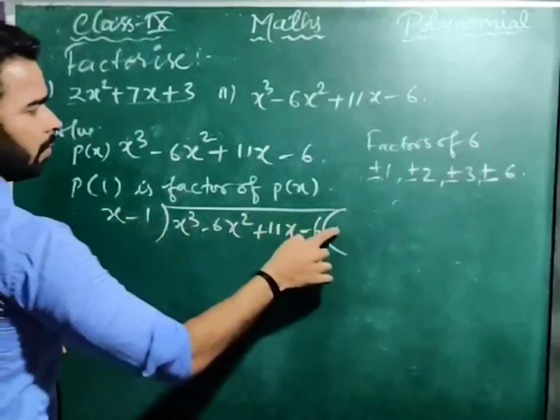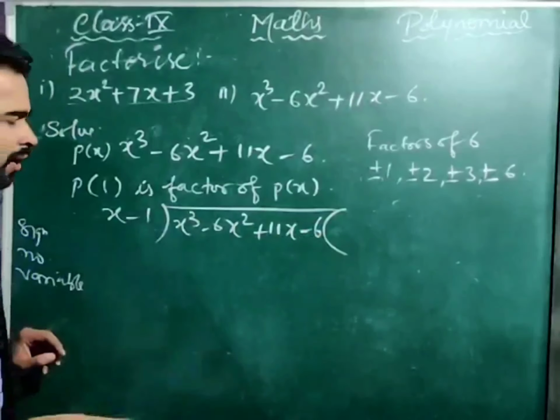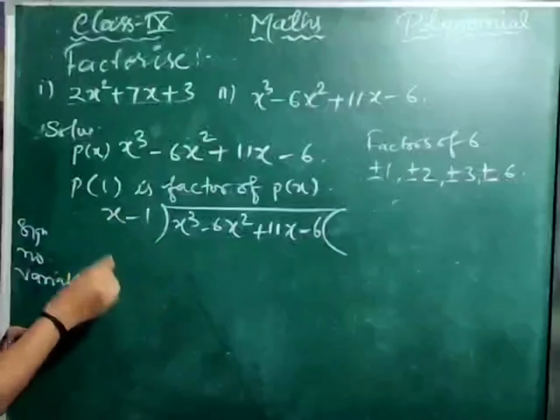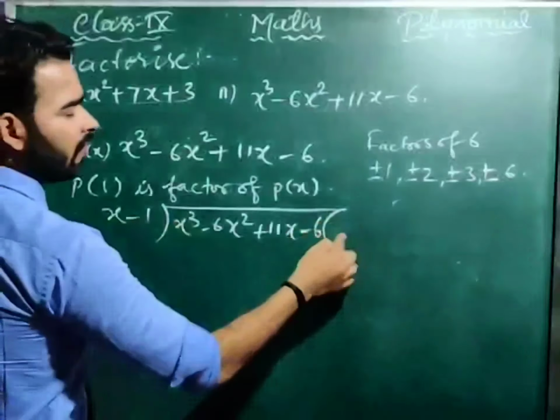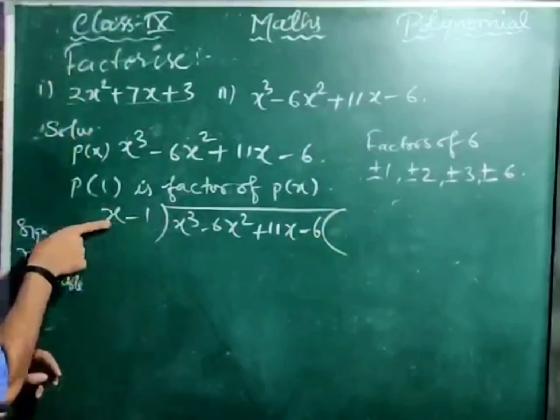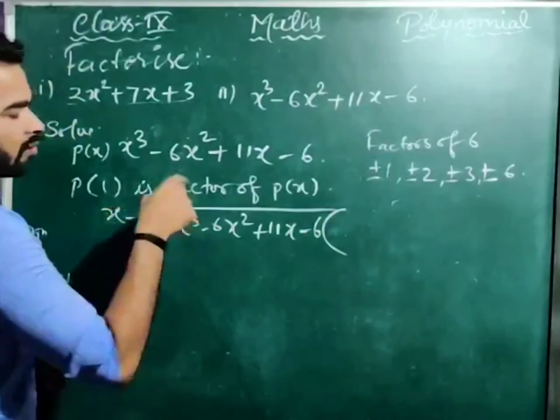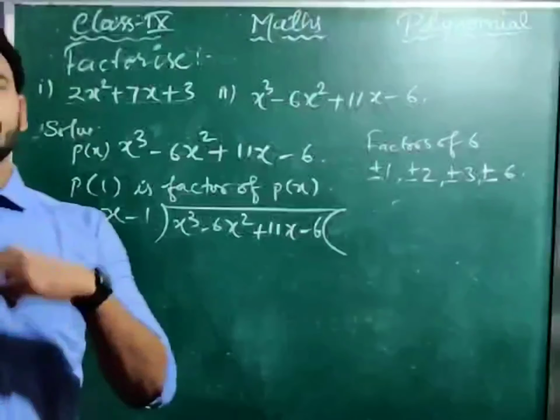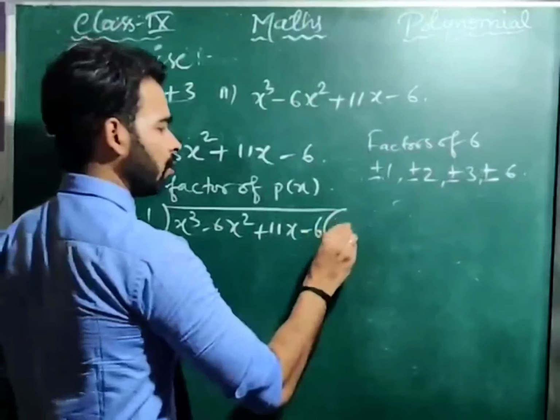Plus and plus, so here will be plus, though firstly we will not write plus. Again number, 1 and 1, so here will be 1. Again variable, x to the power 1 is there and x to the power 3 is there. We require x to the power 2, which means x square.